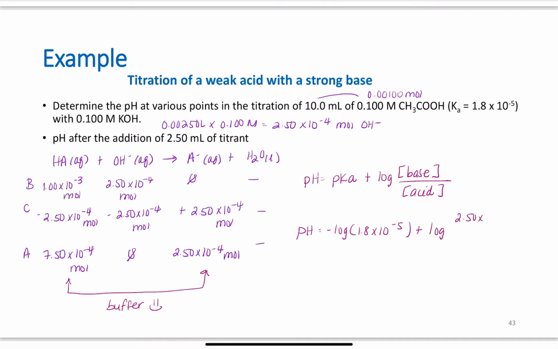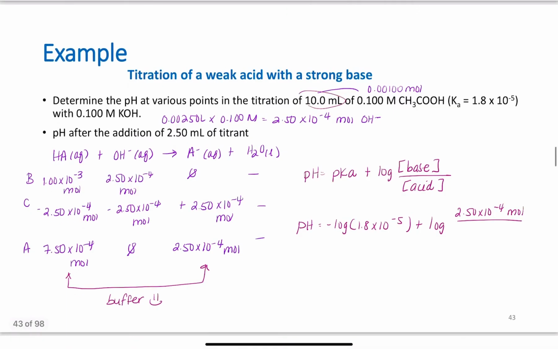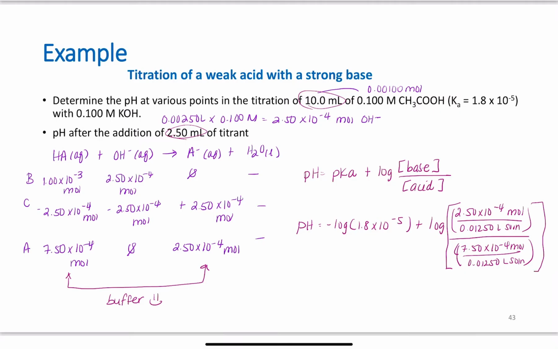I have 2.50 times 10 to the minus 4th moles divided by, I've combined 10 mils and 2.5 mils, so 0.01250 liters of solution, divided by my acid, which is 7.50 times 10 to the minus 4th moles, divided by 0.01250 liters of solution. pH here, 4.26.